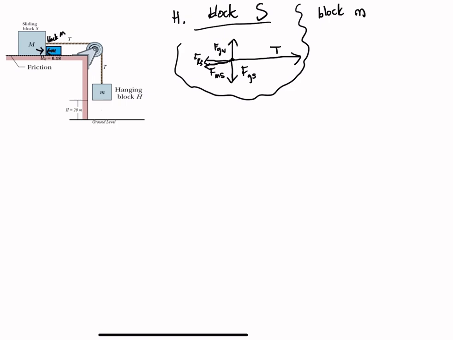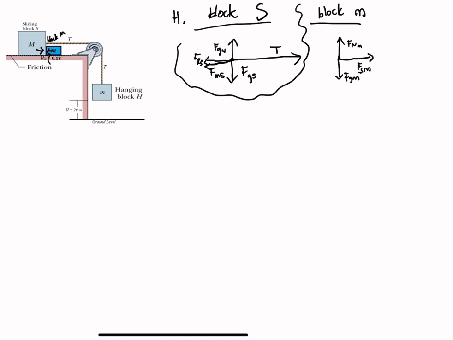For block M, similarly to block S, it's flat on the surface and there's no additional vertical force being applied. So Fn of block M and Fg of block M are equal in magnitude. Now this time, there is no tension acting on block M because it's not actually connected to the string. But there is this contact force acting upon block M from block S. So contact force SM.